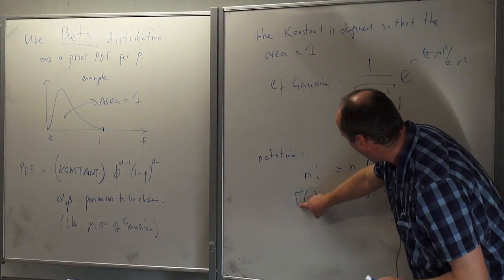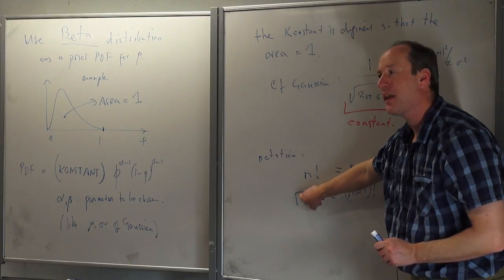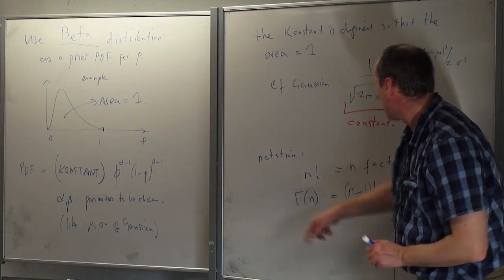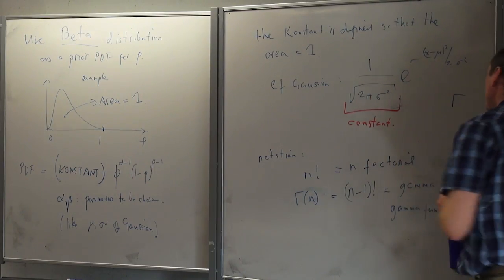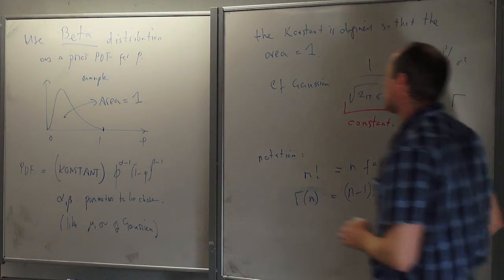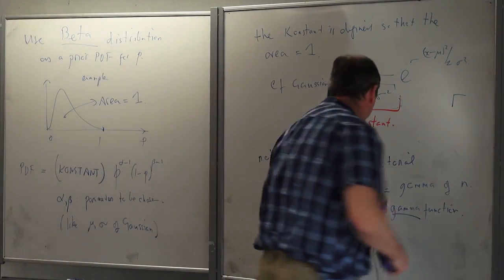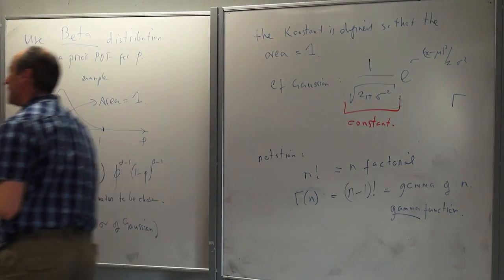This symbol here is the Greek letter gamma, which I think is a g sound, but I'm not an expert. Gamma function. So it's just a nice piece of notation.